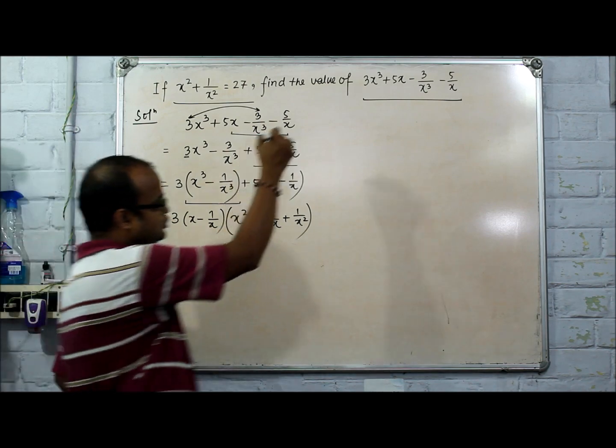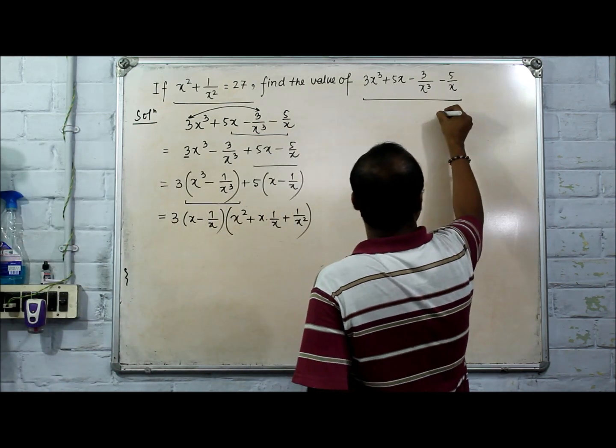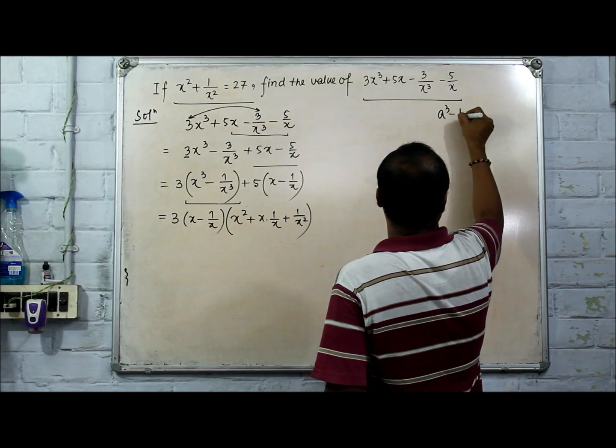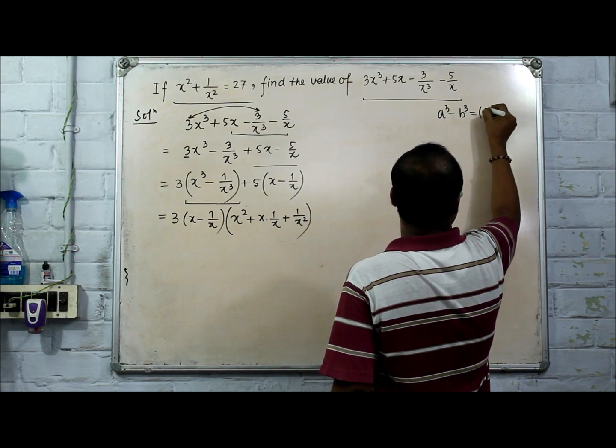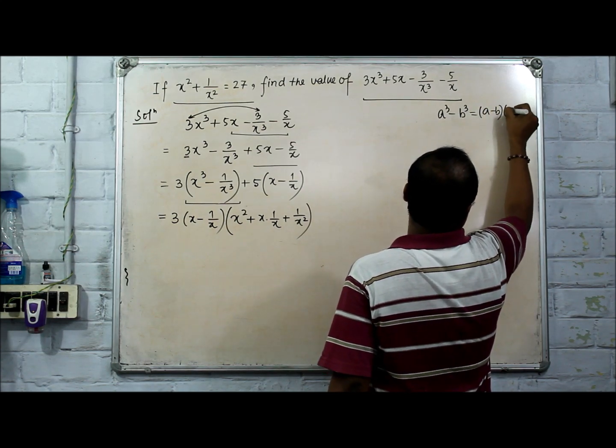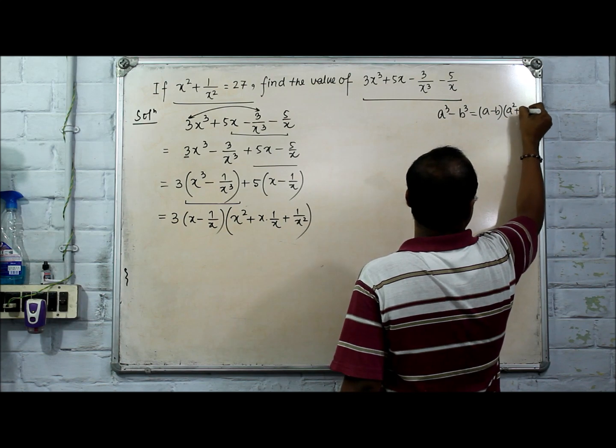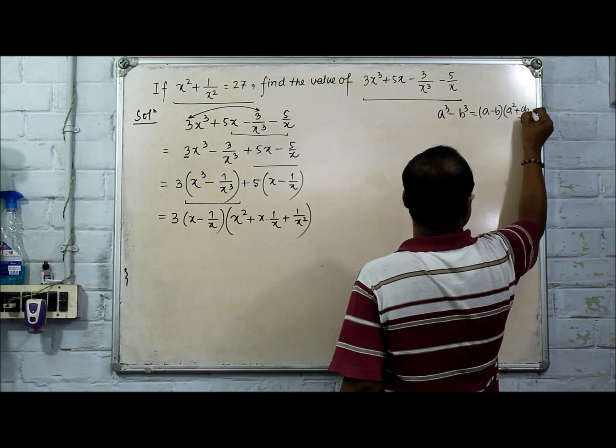This part I am going to explain here. a cube minus b cube, the formula is a minus b into a square plus ab plus b square.